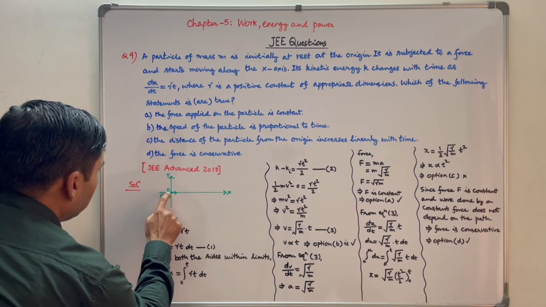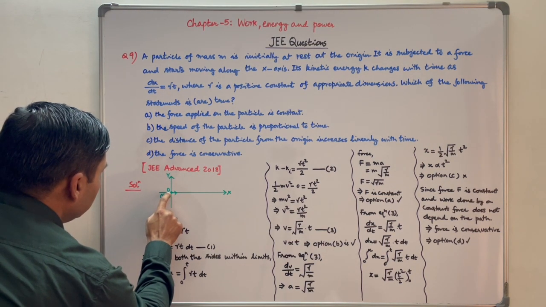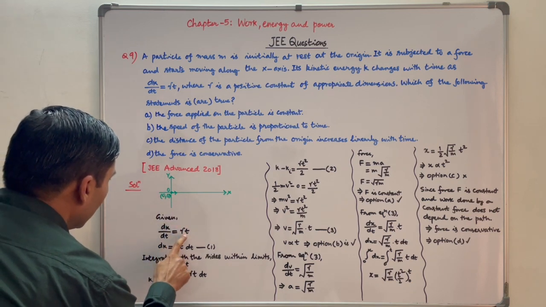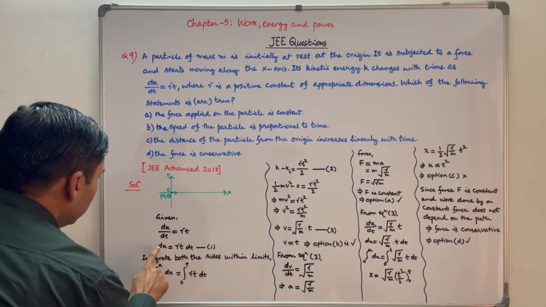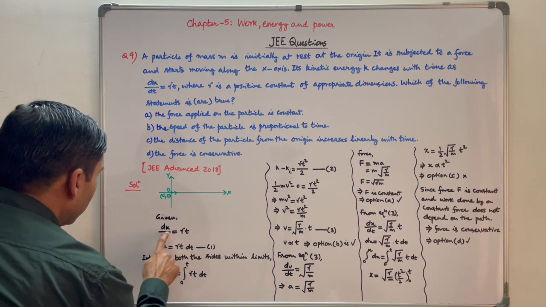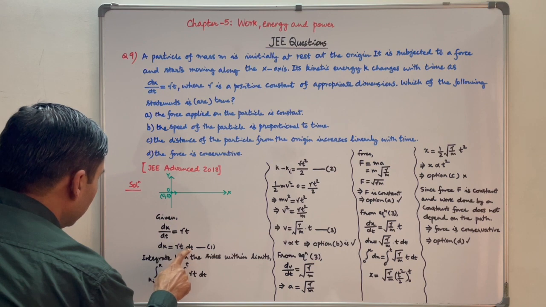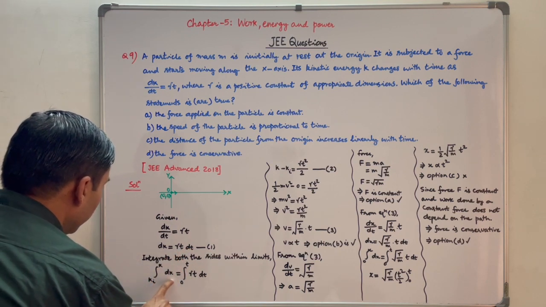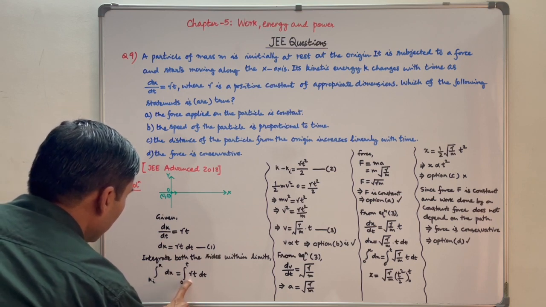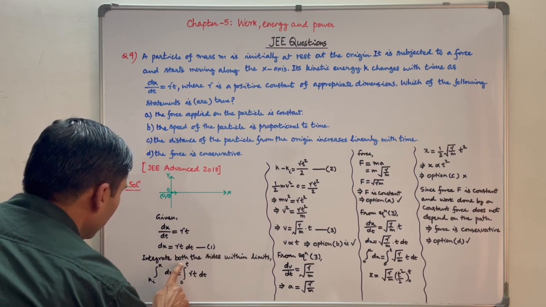It is given that the particle is at the origin at t equal to 0. Also, dK by dt is equal to gamma t. This means dK is equal to gamma t dt. We can integrate both sides of this equation within limits. This gives the integration of dK from K initial to K is equal to the integration of gamma t dt from 0 to t.